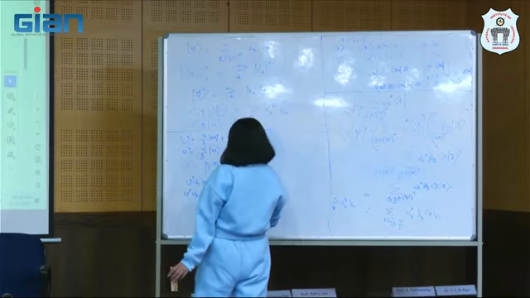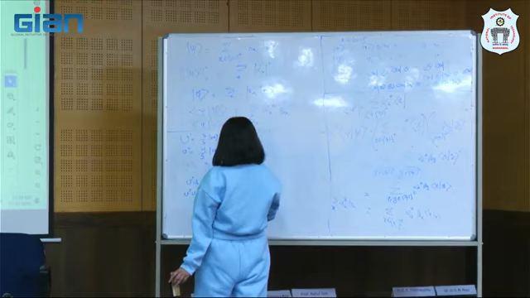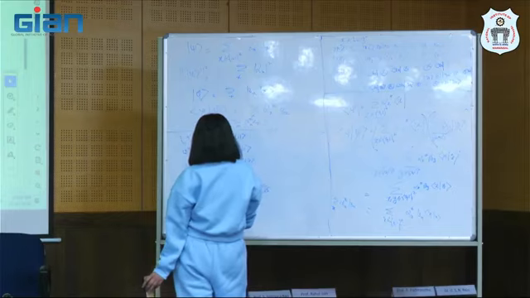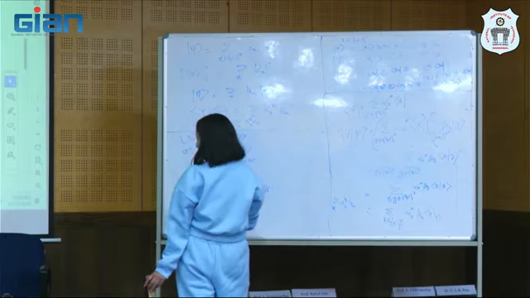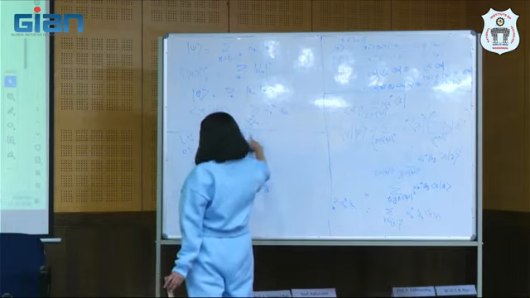What are you doing now? What is 3 over 2 over square root 5? That is the coefficient of 0, 1. Times 0. What is the coefficient of 0, 1 in V1? 0. Correct.